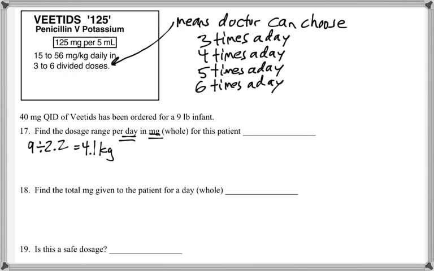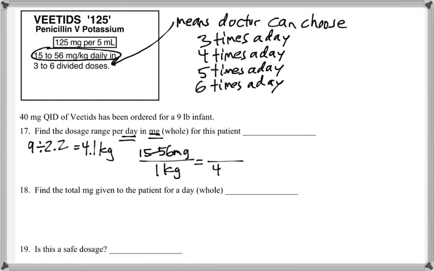Then I'm going to set up a proportion with the range, because that has the per kilogram. So 15 to 56 milligrams per 1 kilogram.